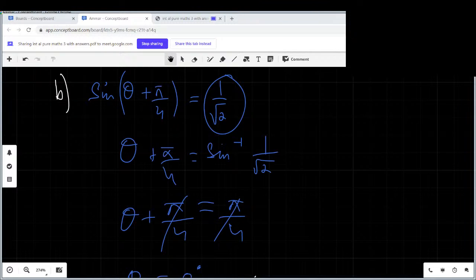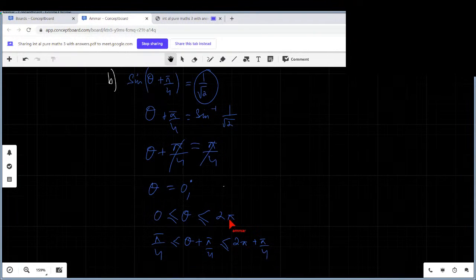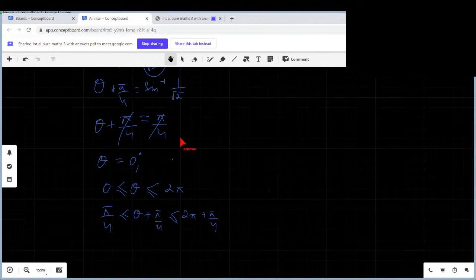Okay, are you following this or not? Yes. So if I get this value of 0 degrees, at what intervals will it be? At 0, pi, 2 pi, and I add pi by 4 to each of them.